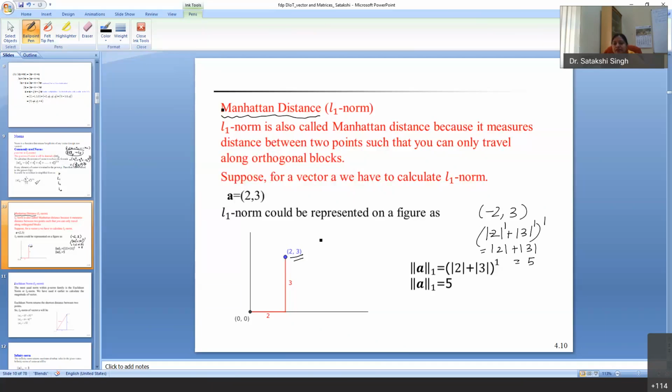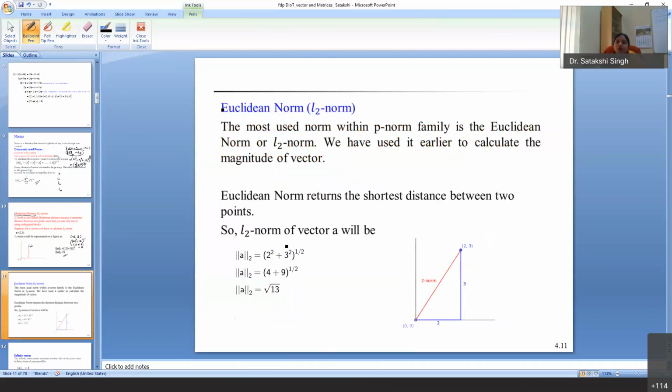Similarly here, because we had this point as 2, 3, its L1 norm will be modulus of 2 plus modulus of 3 raised to the power 1, which is equal to 5 also. Then in a similar way you can define the L2 norm, which is called the Euclidean norm.